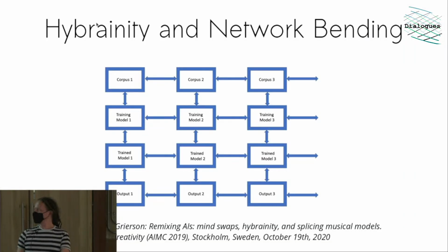Right, working again. There's a wider research area around this, which we can call, there's two topics really, hybridity and network bending. And this is coming from colleagues on the Mimic project, which I'll talk about in a second. Hybridity is really about thinking about how we can manipulate already trained networks architecturally.